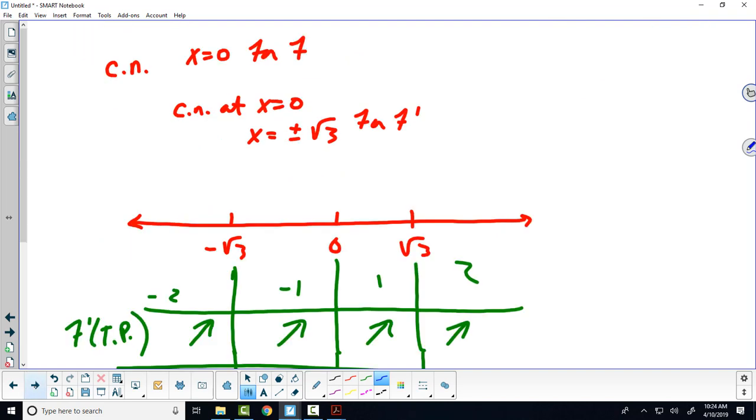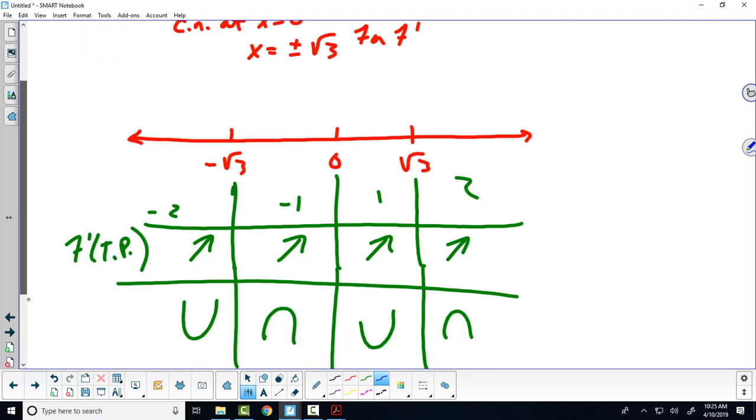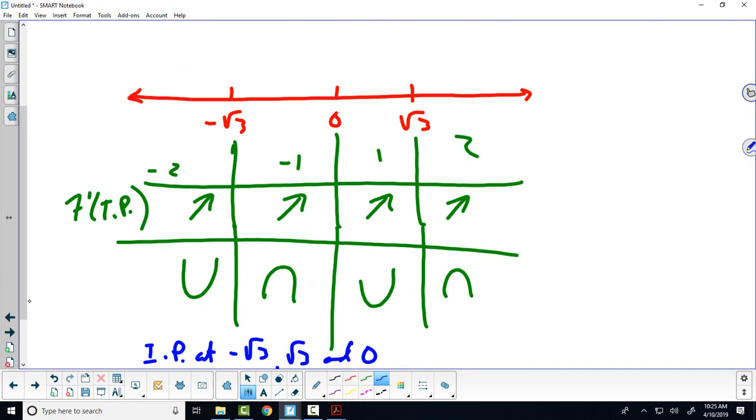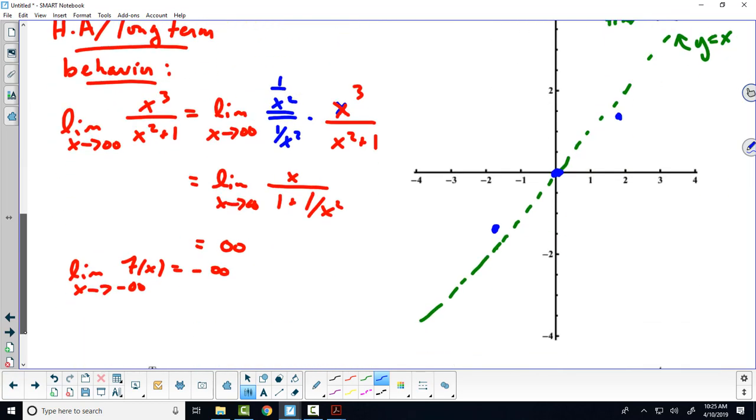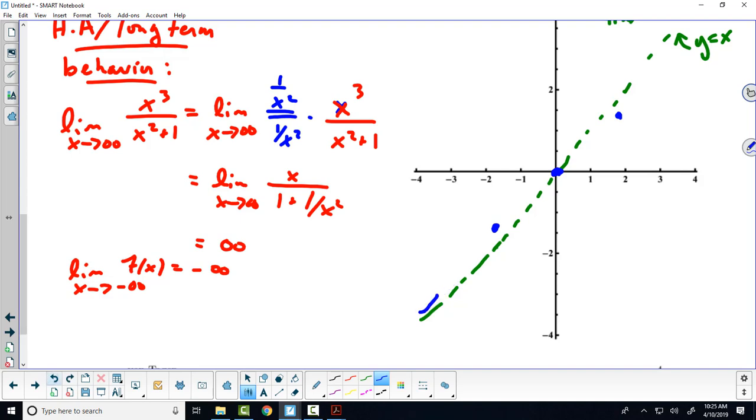Okay, this graph is always increasing. We are increasing in a concave up manner prior to getting to the square root of 3. Let's see. So we're increasing in a concave, oof, can't do that to save my life. Increasing in a concave up manner.